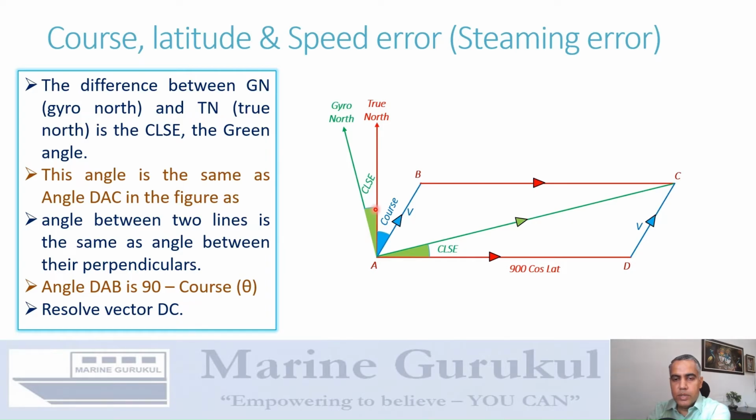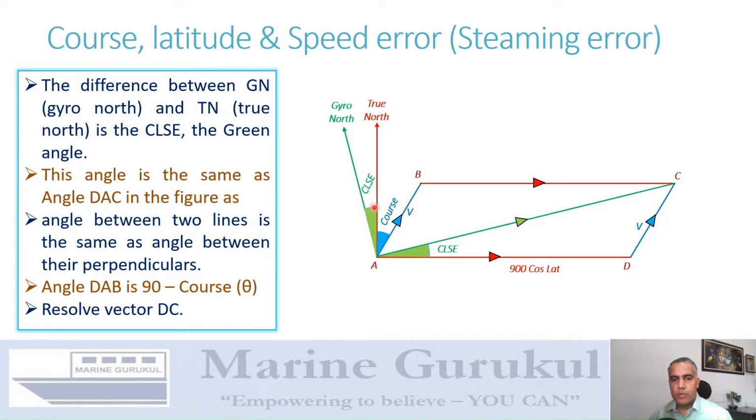Now why these two angles are same is because of a geometry principle which says that the angle between two lines is the same as the angle between their perpendiculars. The initial CLSE which we observed was between the true north and the gyro north. We are aware that the Earth's easterly motion, which is red color vector alpha delta, is perpendicular to true north, and we are aware that the resultant vector, green color vector alpha Charlie, is perpendicular to gyro north.